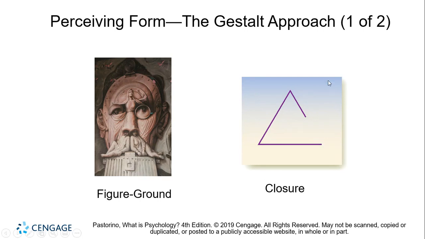Another thing your brain will do is closure. If I ask you what's here, 95% of people are going to tell me that it's a triangle, even though it's not. There's clearly a missing part. That's because our brain will naturally close it up. It'll say, yeah, that just looks like a triangle. Yeah, it's missing a part, but it just looks like a triangle, because we close things up to make it easier to understand.